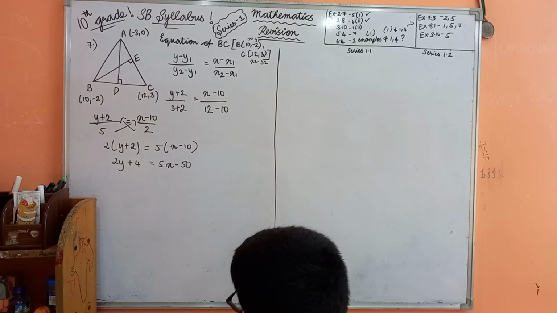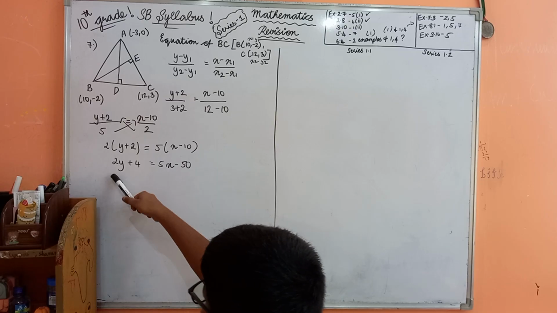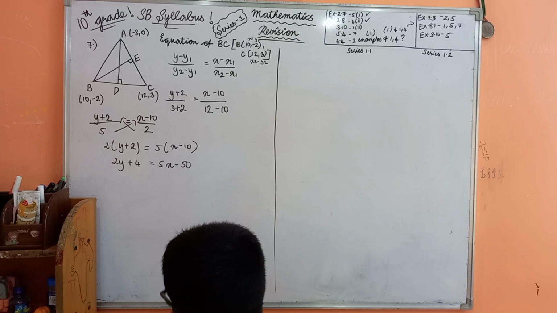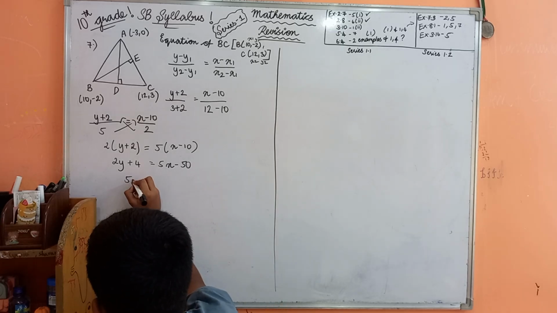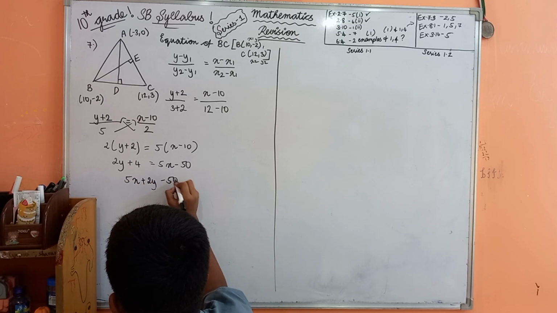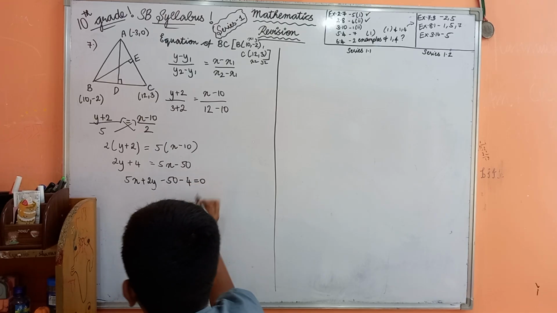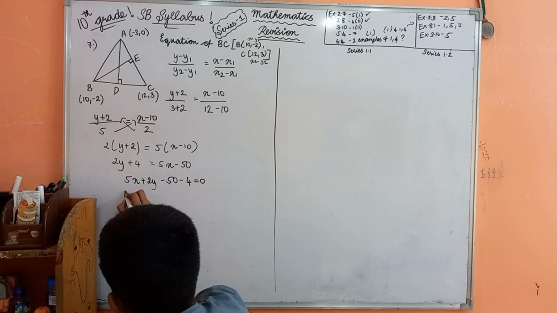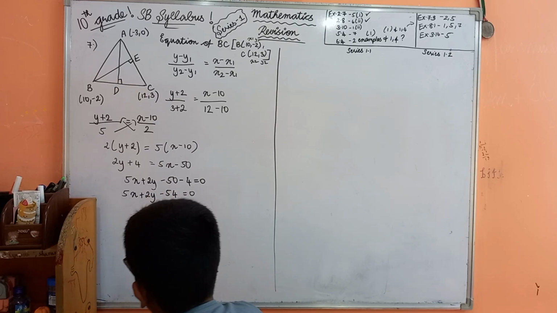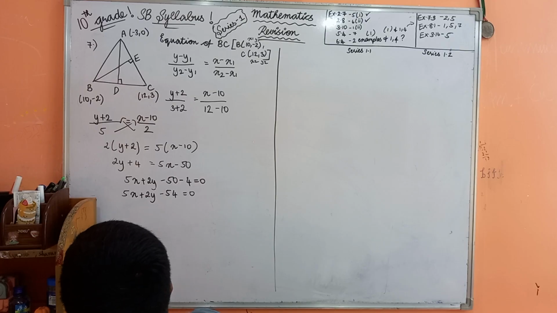So you have to get y over here and x over here. We have to get this in a form where it becomes an equation. So 5x plus 2y minus 50 minus 4 is equal to 0. So 5x plus 2y minus 54 is equal to 0.